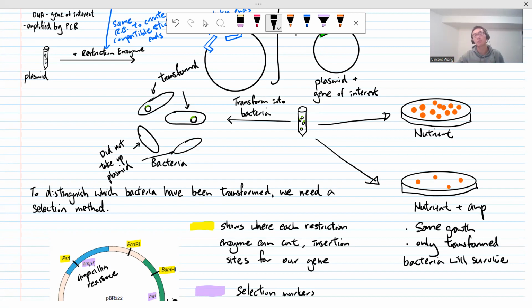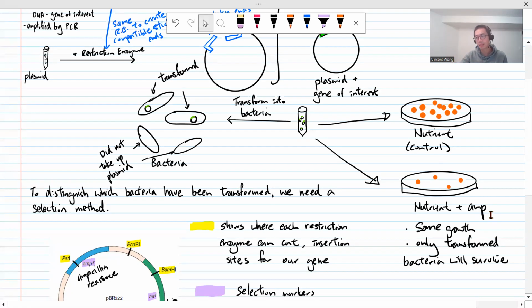Those are the ones that are going to be producing the insulin for us. So that's how you can tell whether they have accepted it or not. And this is basically a control for the experiment. If you don't have antibiotic, they're supposed to grow. But once we add the ampicillin, you would expect reduced growth.